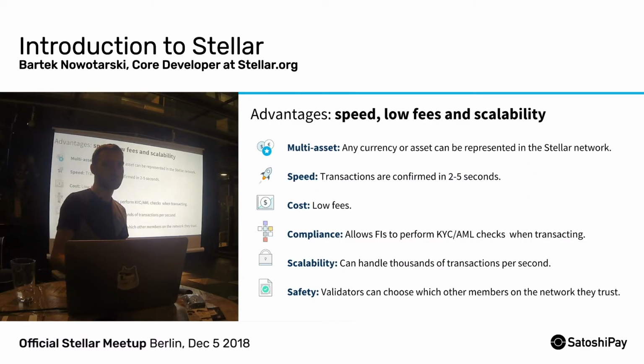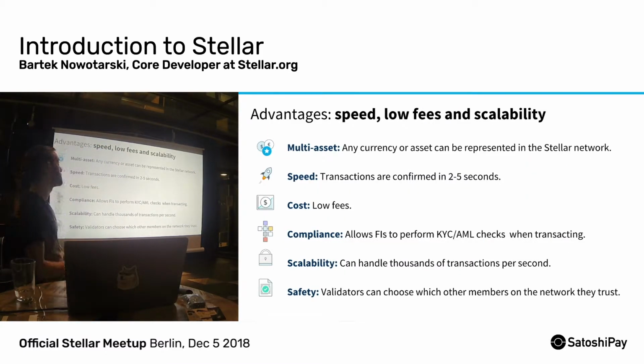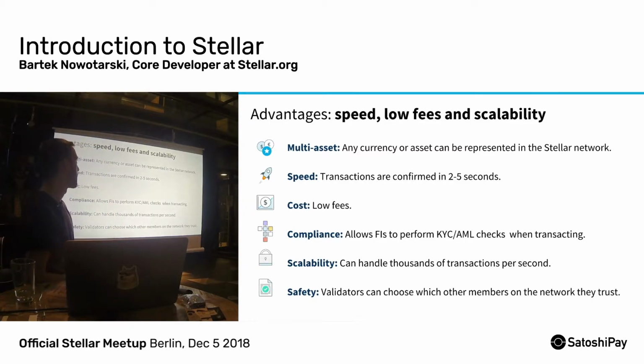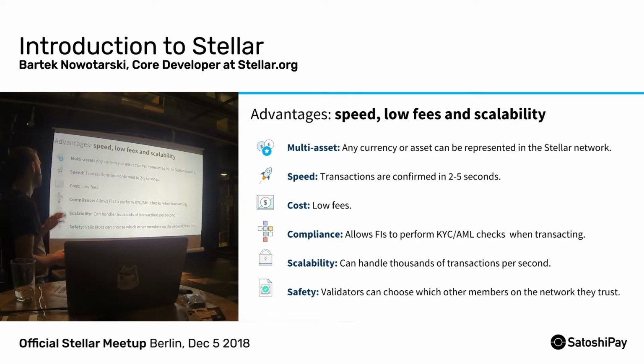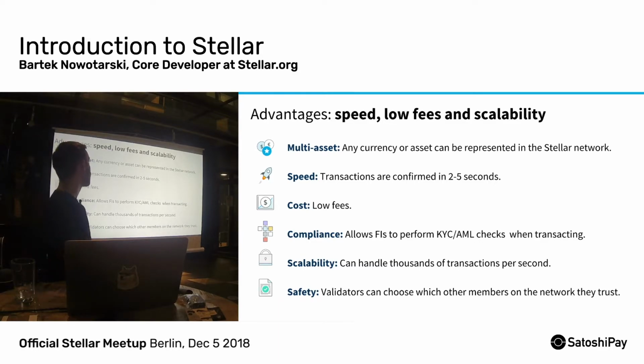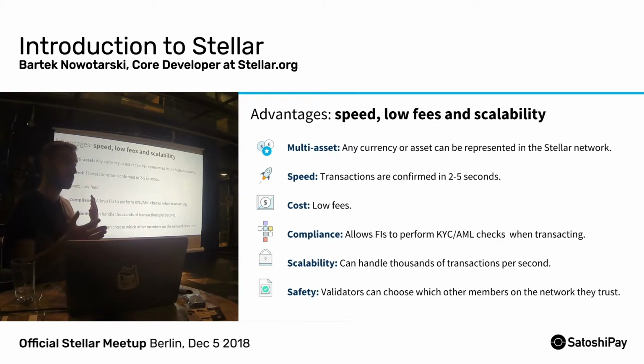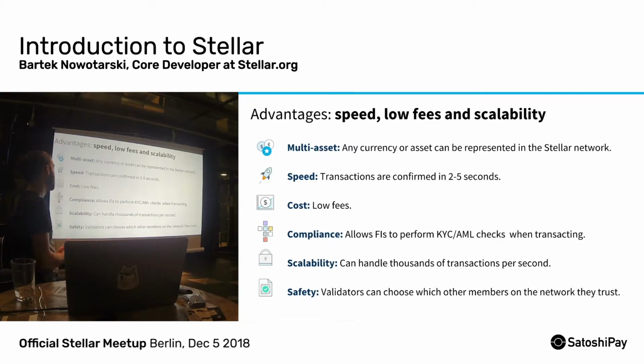So when it comes to other advantages of Stellar, I mentioned multi-asset. Everyone who has an account in the network can create a new asset and trade it, sell it, or send it to a friend. The Stellar network is very fast. The algorithm we use to confirm transactions allows us to close ledgers, or blocks, every 2 to 5 seconds.